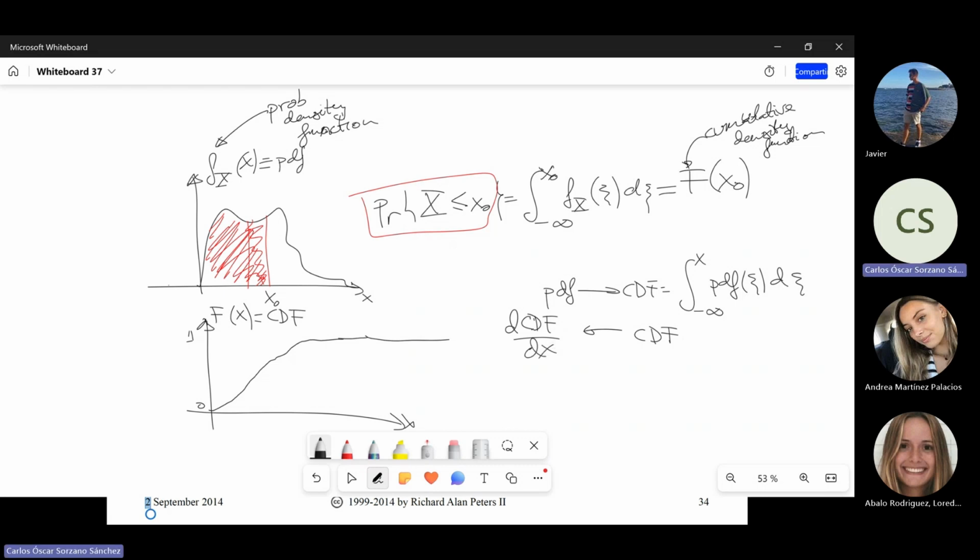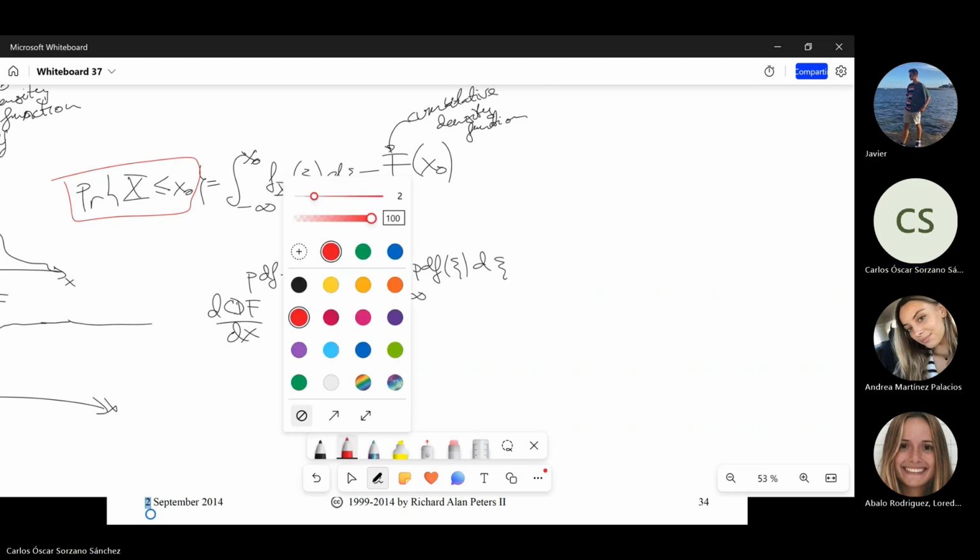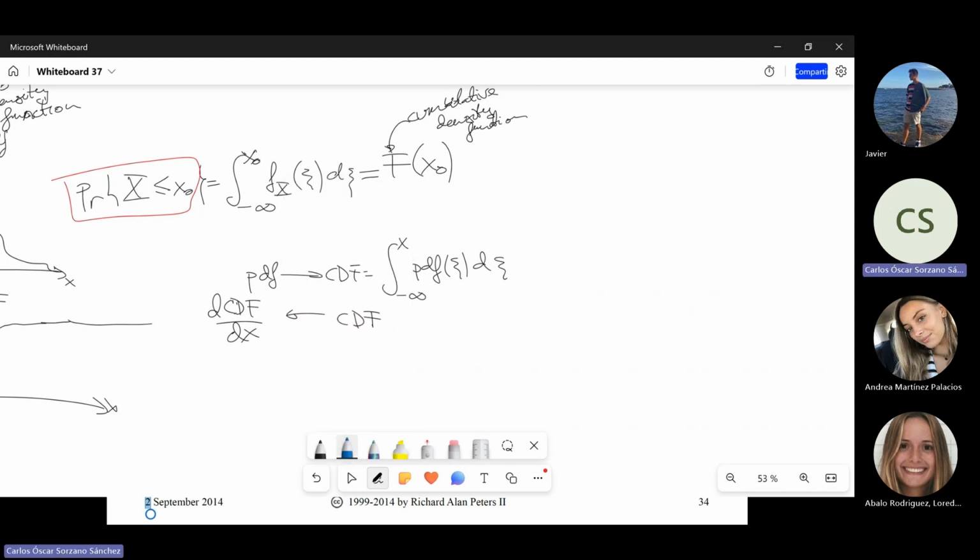Okay, that is for continuous variables. And now you have the equivalent for discrete variables. So for discrete variables, if you are given a PDF, it is a set of deltas. Now the CDF is a sum from minus infinity of all the f.